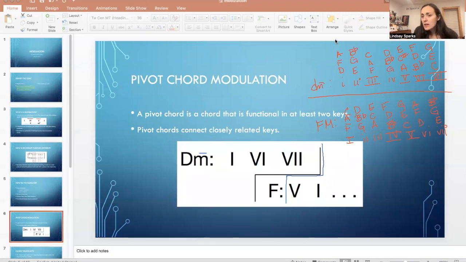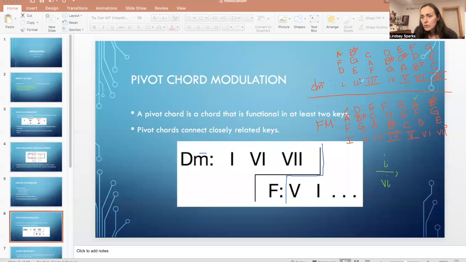So let's just quickly scan. We have D, F, A. We have another D, F, A here, don't we? So a pivot chord here could be 1 in D minor and could also be 6 in F. So that's one way to notate that. We kind of check mark those.